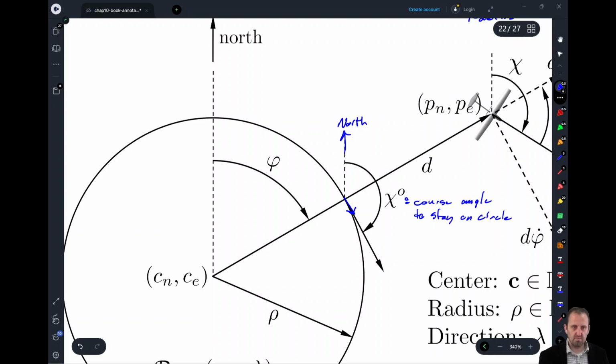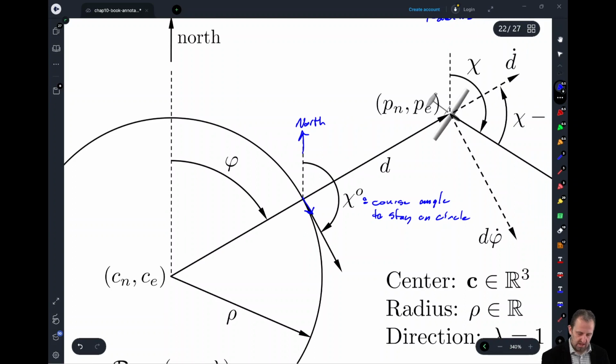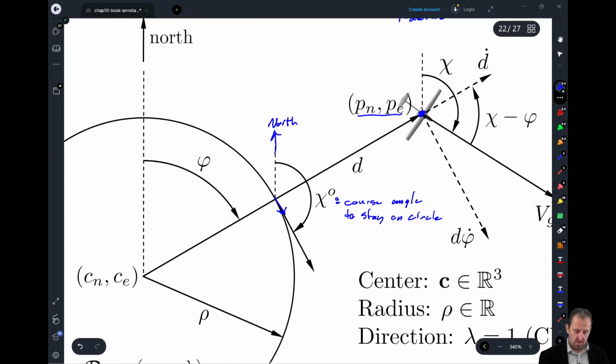And it's always going to be tangent to the circle. Right here we have the position of our aircraft, and it's defined also in the northeast plane. We have the course angle of our aircraft, right? Which is just defined again from the north down to the direction that the aircraft is traveling.